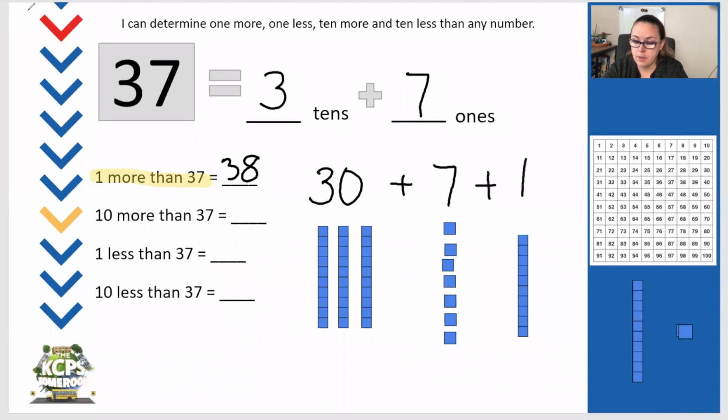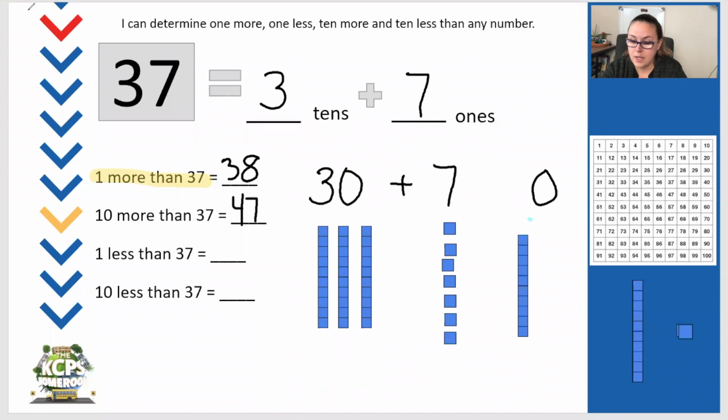So now we have 30 plus 7 plus 10 gets us to 10 more than 37. Well, what's 30 plus 10? That's right, you know 3 plus 1 equals 4. So 30, 3 10s, plus 10, 1 10, equals 4 10s, or 40. Good job. So we have 40, and then we have to add the 7 1s. That gets us 47. Great job.